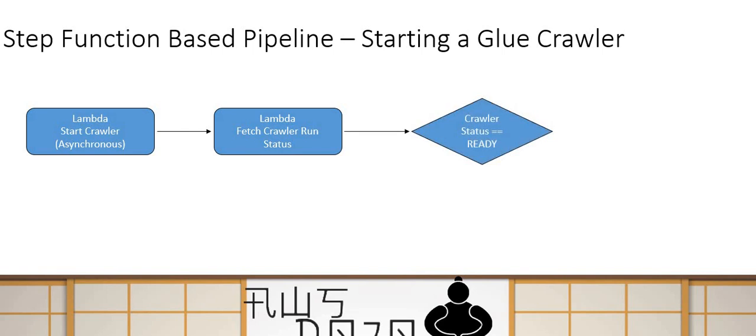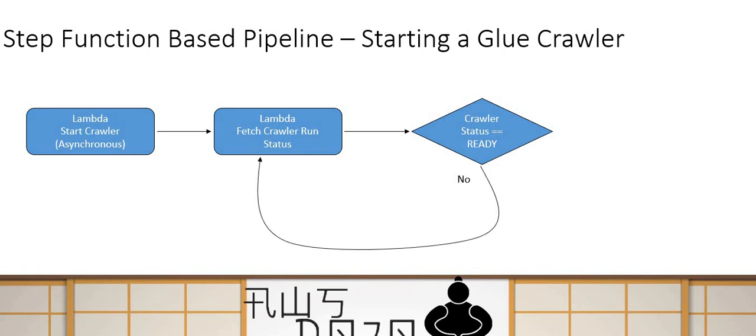And then we check when the crawler status turns ready, because when you run the crawler, the status changes from ready to starting to running to stopping, and from stopping to ready again, if I'm not wrong. So since you have started the crawler, now you want to wait until the crawler status turns back to ready.